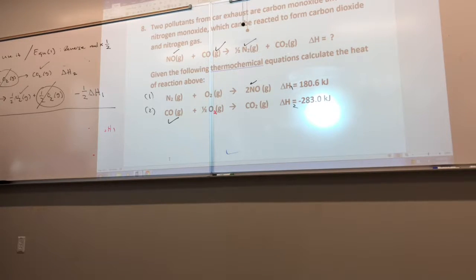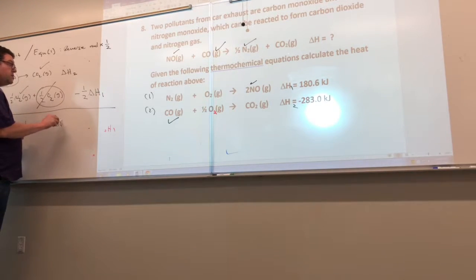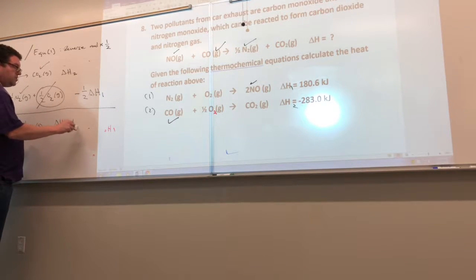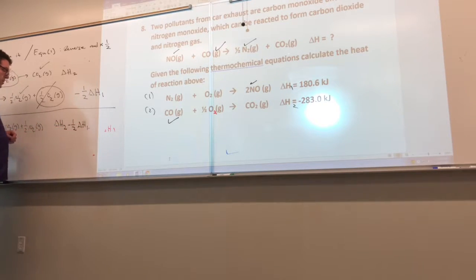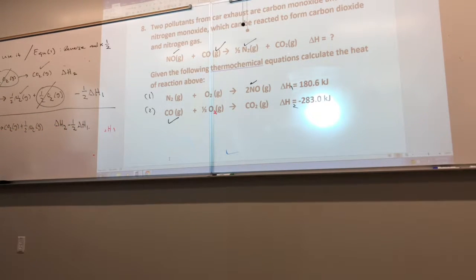So this is going to be CO gas plus NO gas goes to CO2 gas plus 1/2 N2 gas. And that's delta H2 minus 1/2 delta H1. Everybody follow how I got that? Okay, now just plug the numbers in.